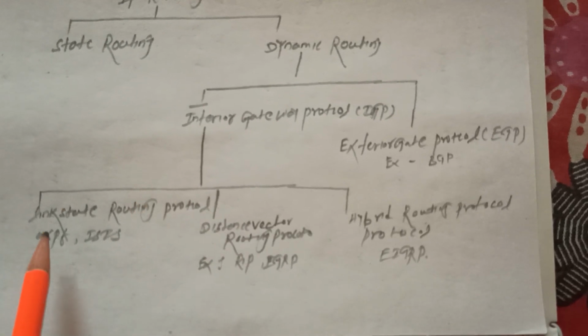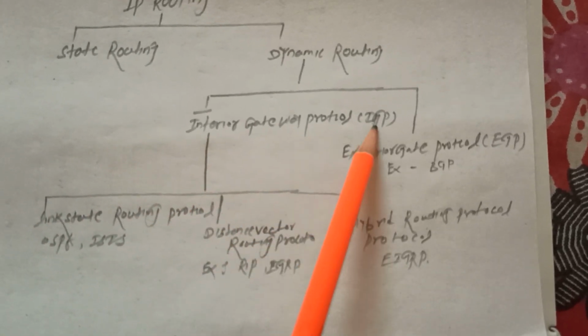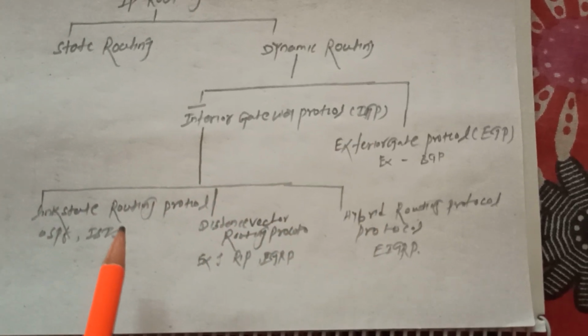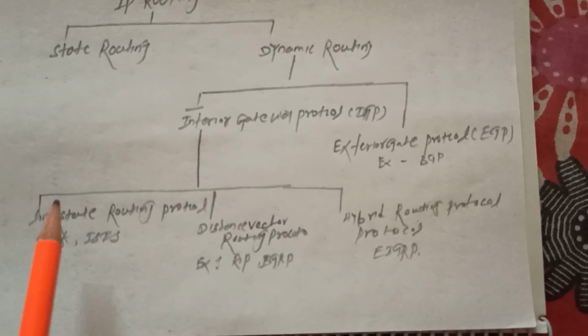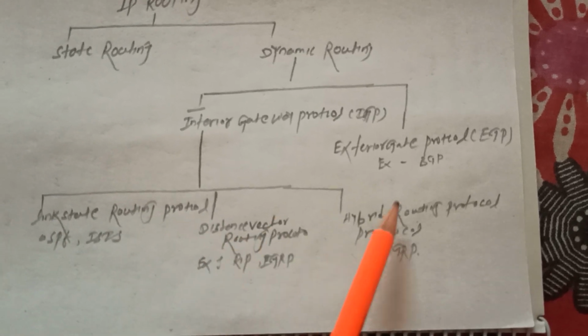Now the interior gateway routing protocol is classified into three types: link state, distance vector, and hybrid.